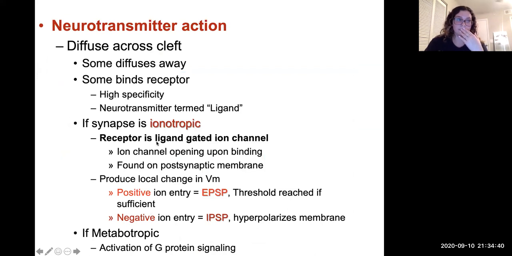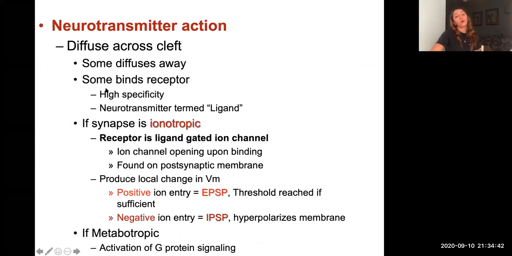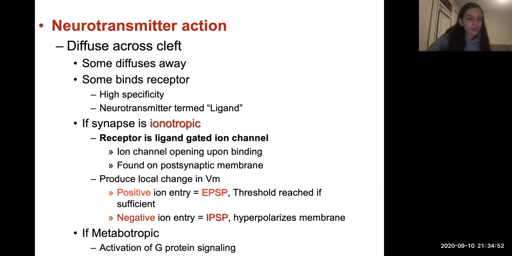So this is the last thing she talked about. The neurotransmitter goes from the axon terminal to the dendrites and binds to receptors with high specificity.